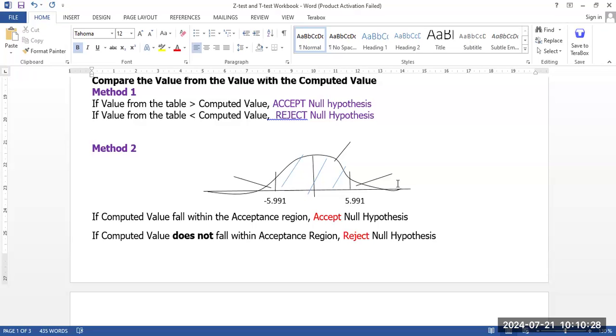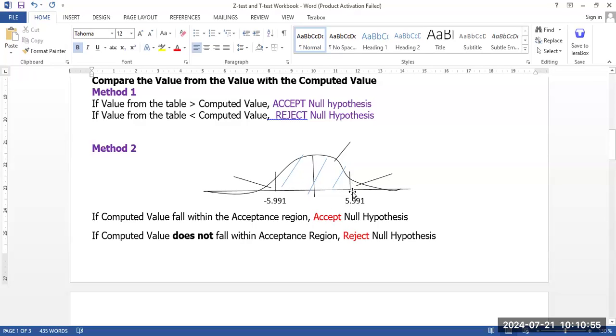So if you don't know the side to focus on, then I will have to put here a critical value, and I also put here a critical value. Separate, create my acceptance region and rejection region. But if you're dealing with one-tailed test, you don't need to create this region.